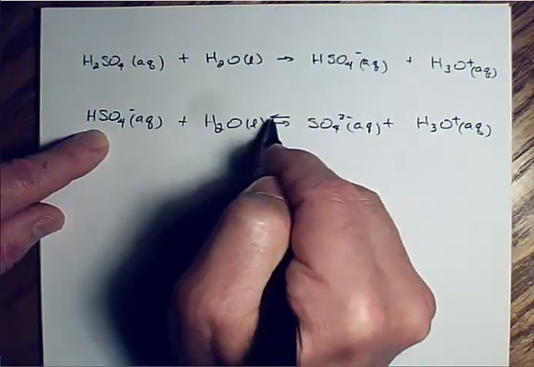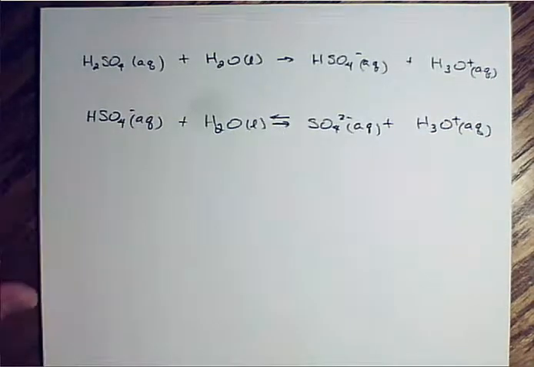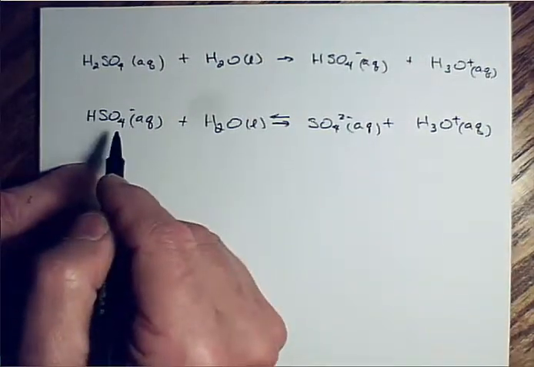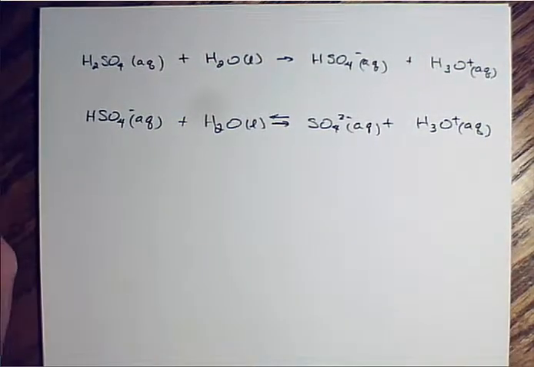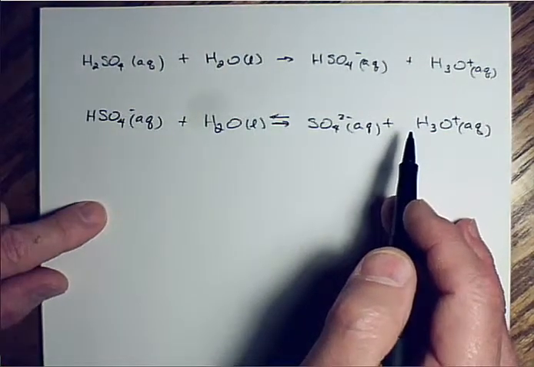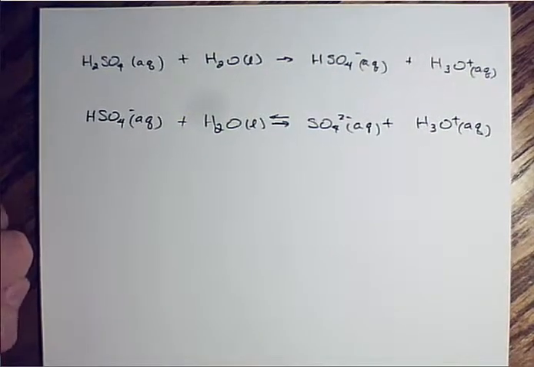And when that occurs, then you have a true equilibrium. Until the rate of the forward reaction equals the rate of the reverse reaction, you don't actually have an equilibrium. When equilibrium occurs, the rate of breakup equals the rate of makeup.